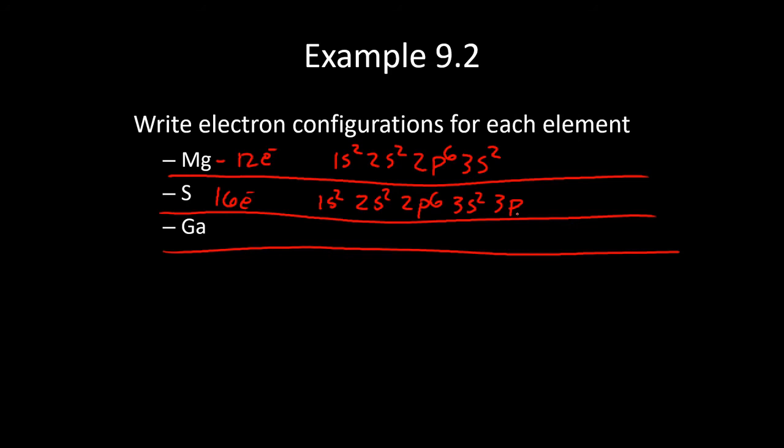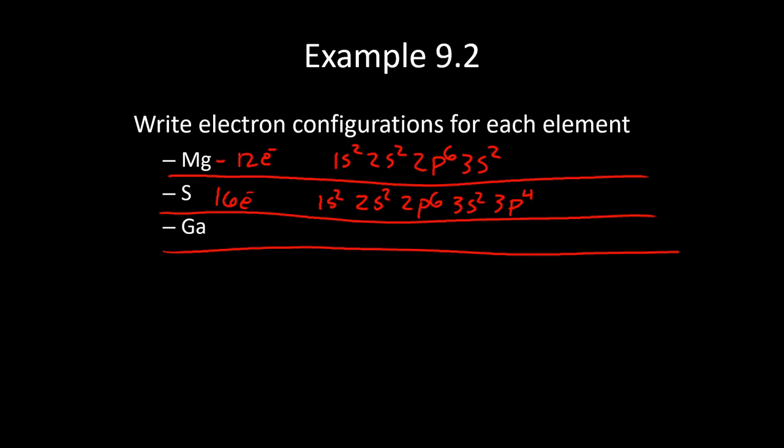I do not. I'm up to 12 at this point, and I only have 16 to give. So I only have 4 to put in there, which is perfectly fine. It doesn't have to hold 6. It could hold 0. It could be completely empty. It's just 6 is the maximum it can hold. So that is the electron configuration for sulfur.